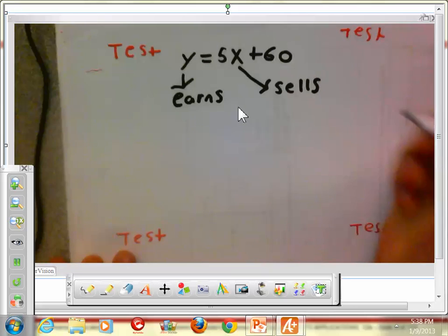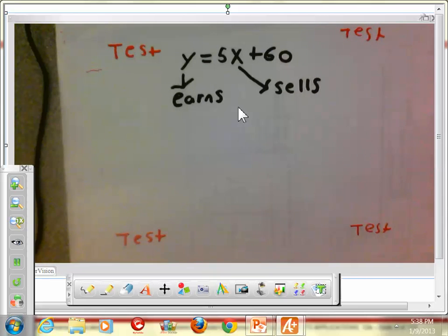Can anyone tell me how much does she earn if she sells zero units? She earns $60. So $60 is kind of like your starting point. The y-intercept over here, 60 is the y-intercept.